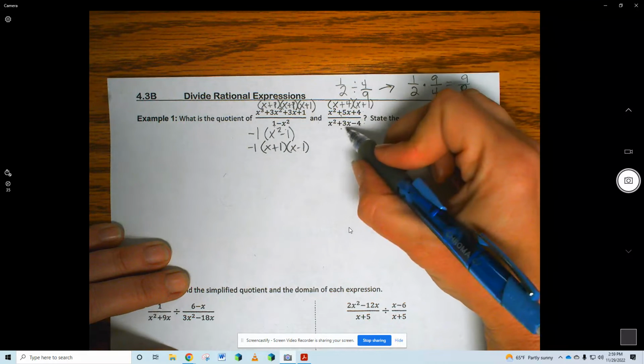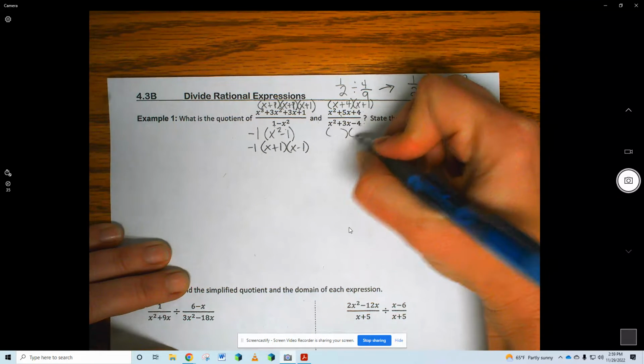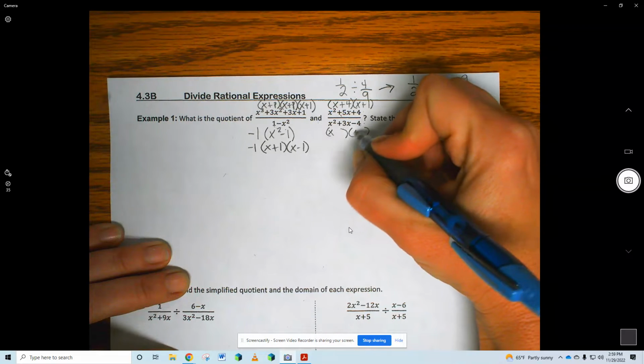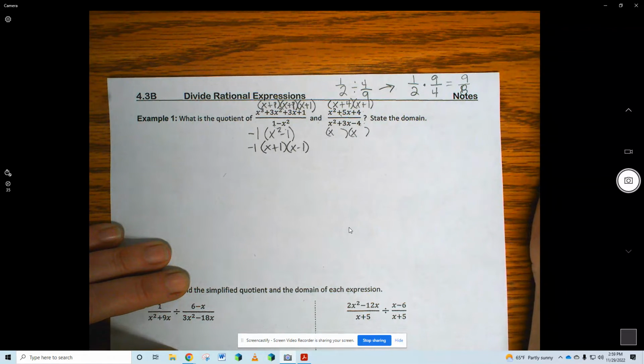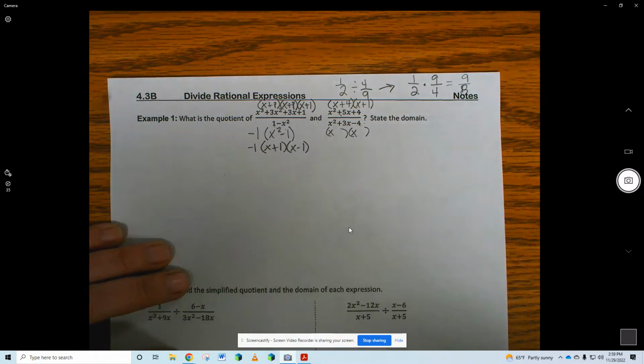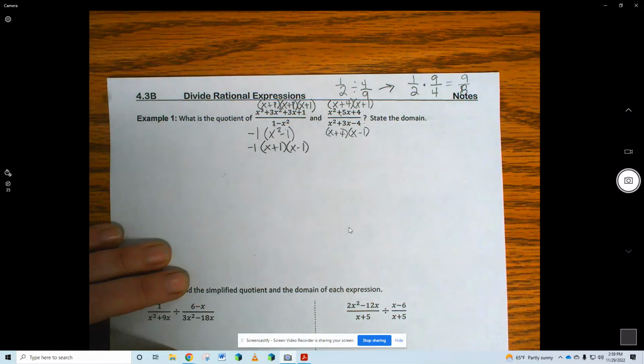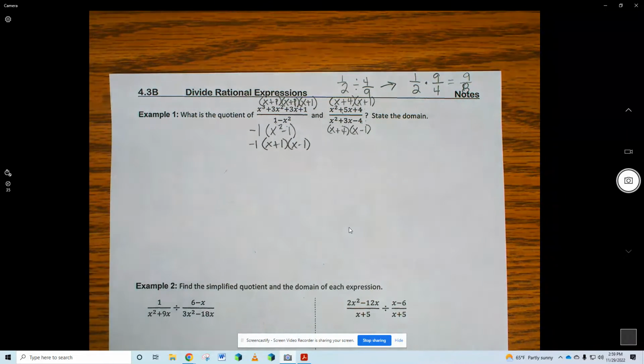X squared plus 3x minus 4. What is that? I want a positive 3 when I add. X plus 4, x minus 1. True. So now, I know that the second fraction needs to be flipped.